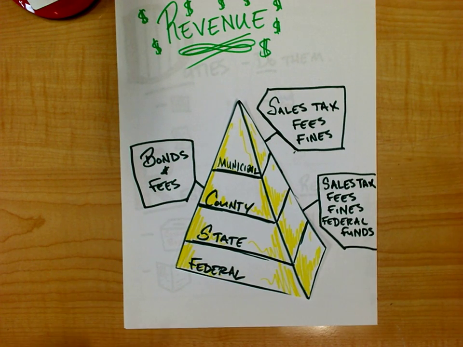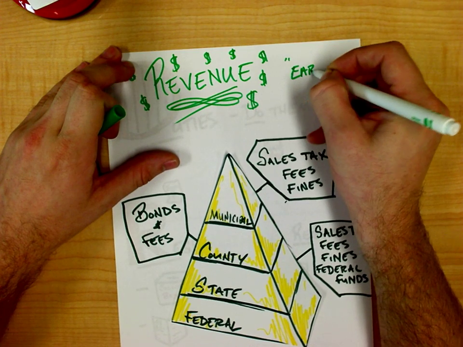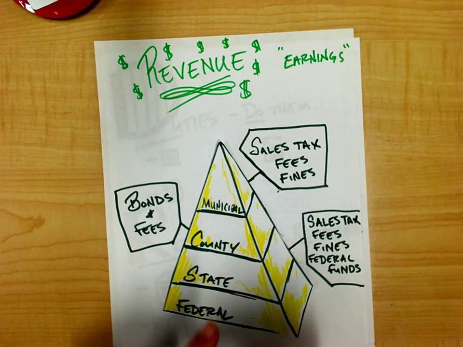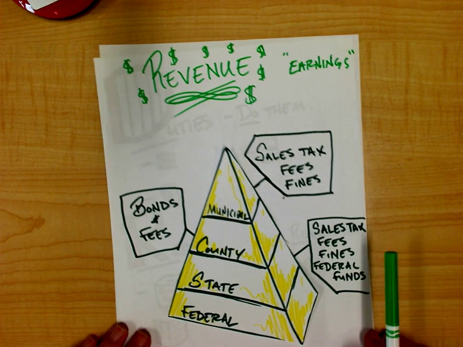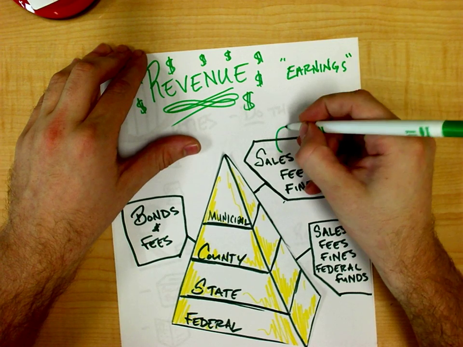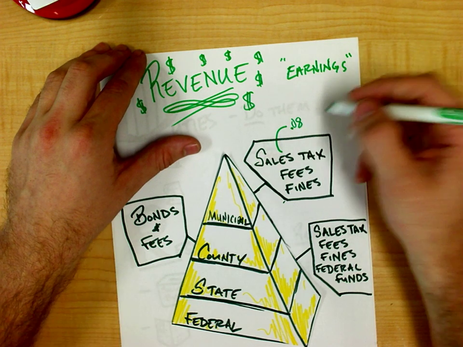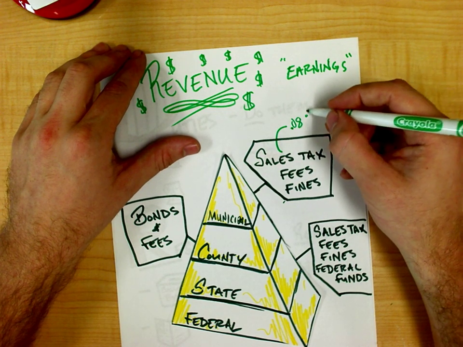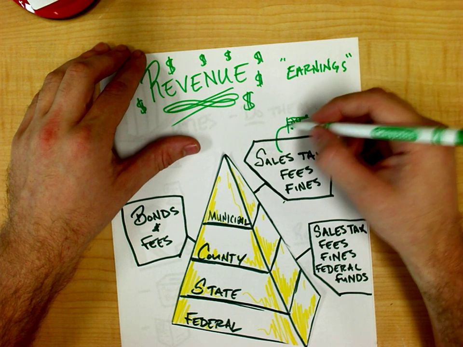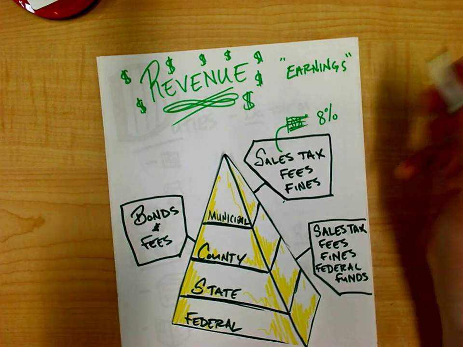So our revenue, or in other words, our earnings, for the government is made a few different ways. The municipal government takes a sales tax, which is about around here 0.08 on the dollar. So what that means basically is that we have an 8% tax.